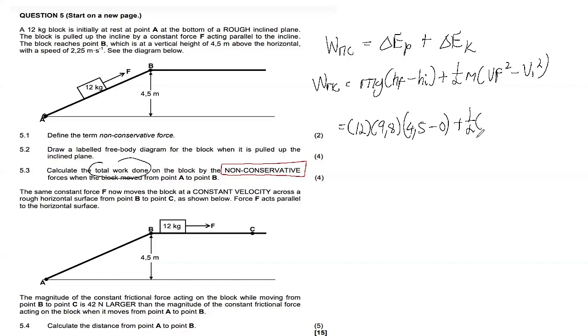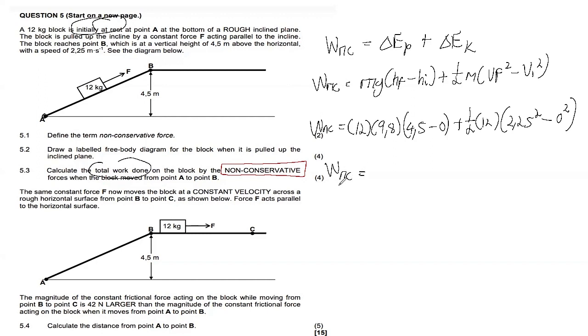Our mass is 12, and then our final velocity, remember they say it reaches point B at a speed of 2.25. So we have 2.25 squared, and then our initial velocity, remember, initially at rest, so the velocity initially is 0, squared. Now that equals W_nc.